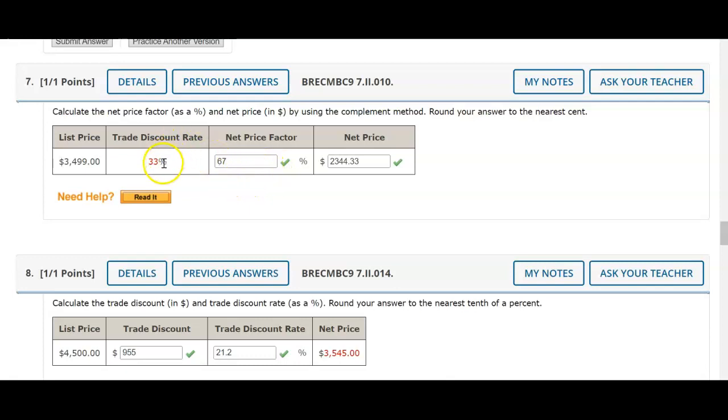So if you're given the discount rate, say 100% minus 33%, that will give you the net price factor. Now to get your net price, you take your net price factor and multiply it by your list price.